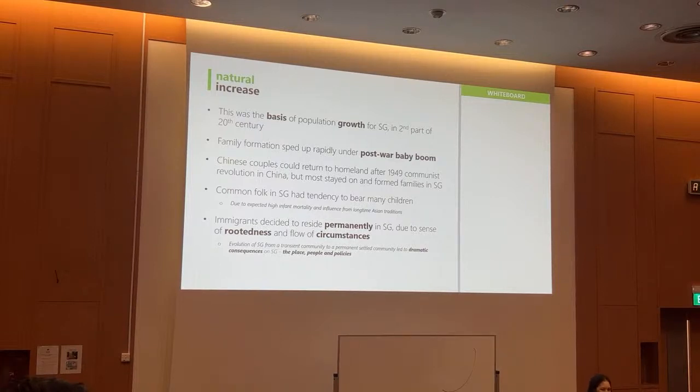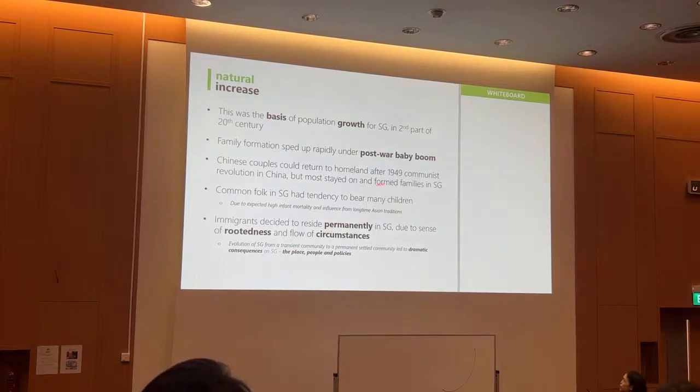Due to the post-war baby boom, Singapore had a big increase in babies born, and these babies born became the basis of population growth for the second part of the 20th century. So for the coming several decades, Singapore experienced a big increase in population growth, almost due to babies alone.